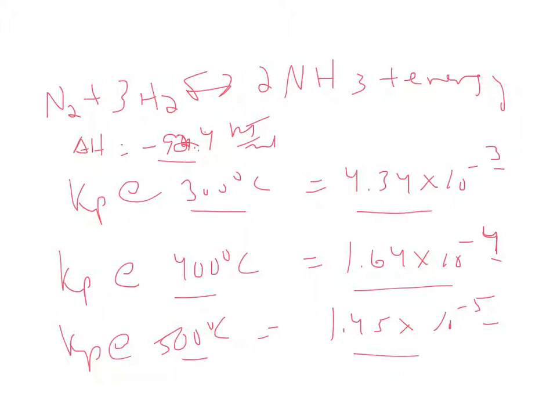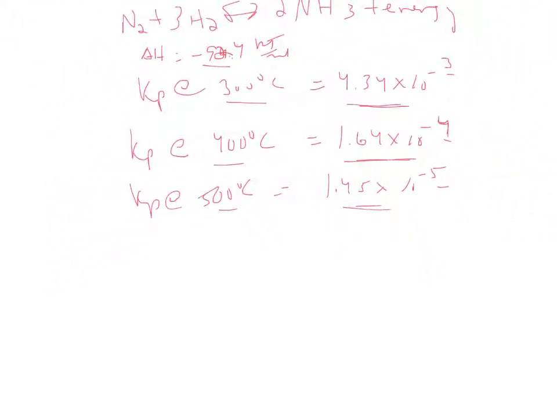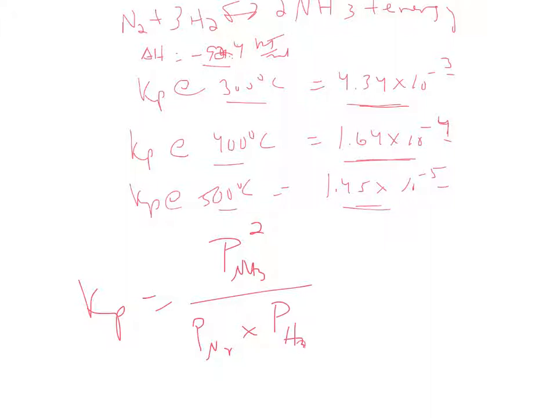So if we notice what's happening, by increased temperature, the constant's decreasing. So that means that this ratio of pressure of product divided by the pressure of reactant is decreasing.